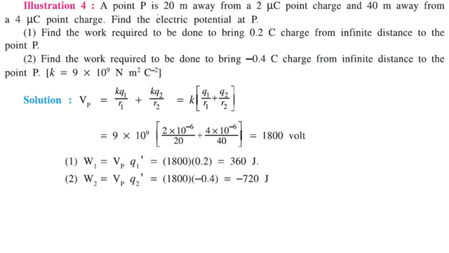A point P is 20 meter away from a 2 microcoulomb point charge and 40 meter away from a 4 microcoulomb point charge.